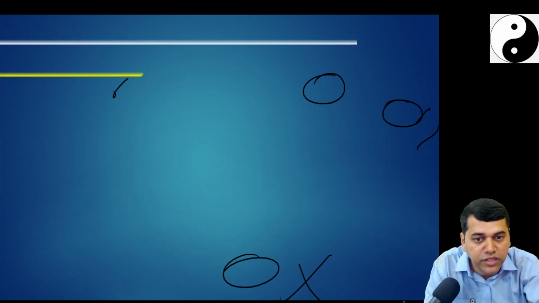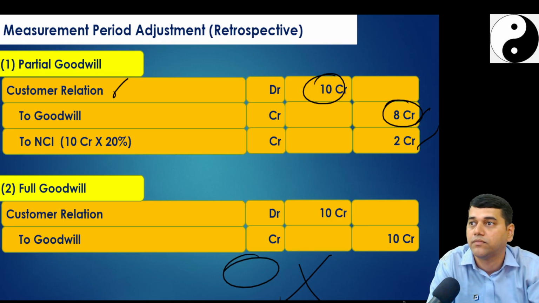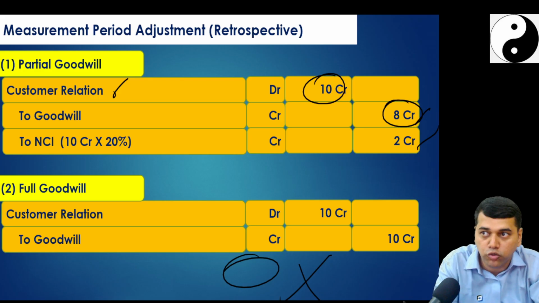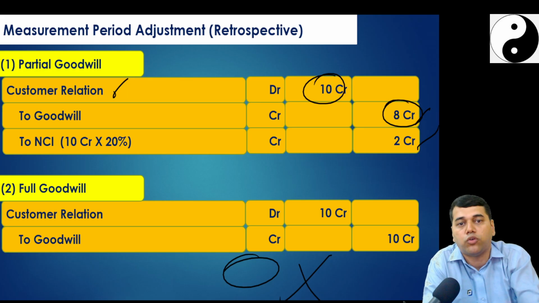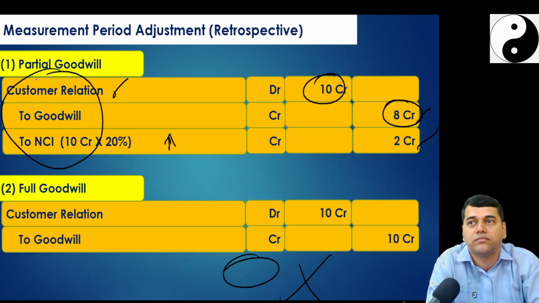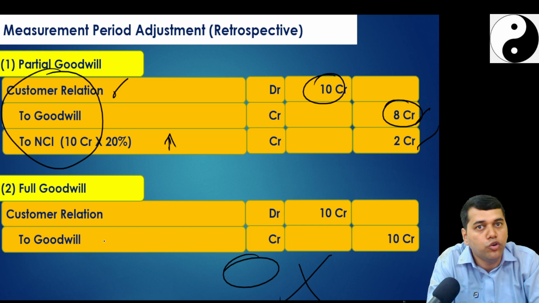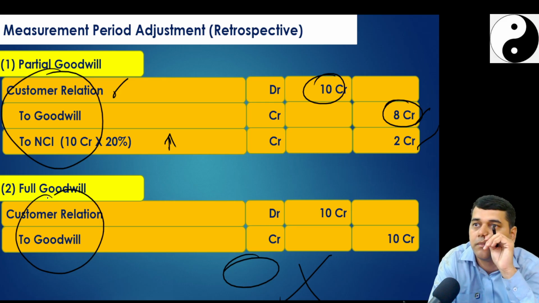But when I am reducing the goodwill, the question comes, which method of NCI valuation I followed. If I had followed the partial goodwill method, on day 1, when I know my fair value of the assets is more, I would have valued NCI more, no? So my accounting entry will be this. If it is the full goodwill method, my accounting entry will be this. Are you clear? Yeah, please discuss.